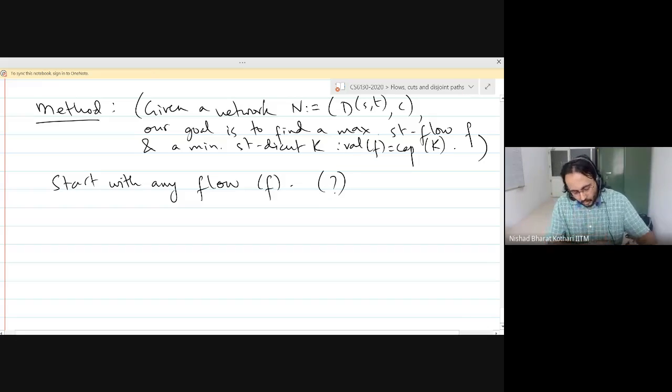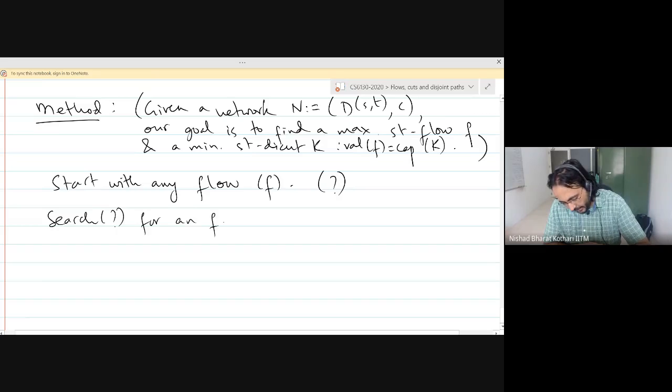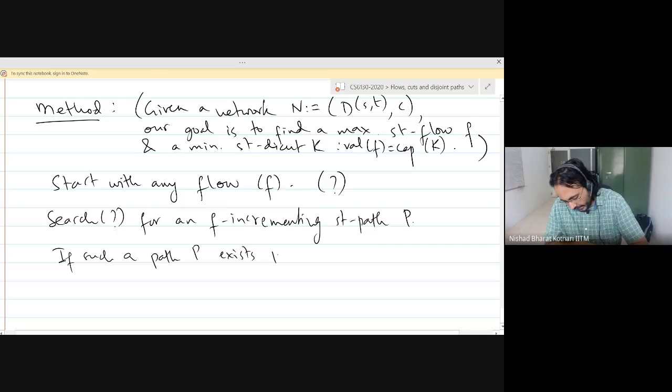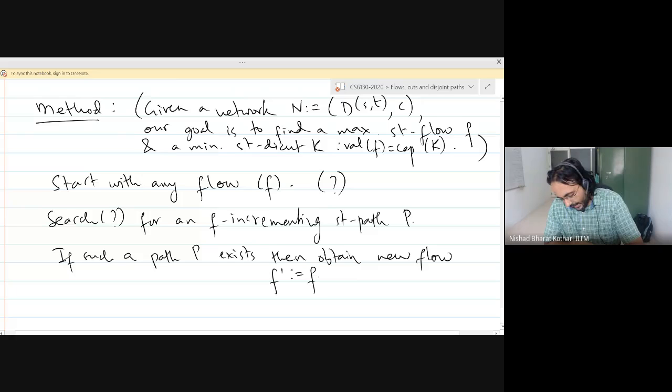And now you search for an f incrementing st path p. Okay, if such a path exists, then obtain a new flow f prime by adding p to f.